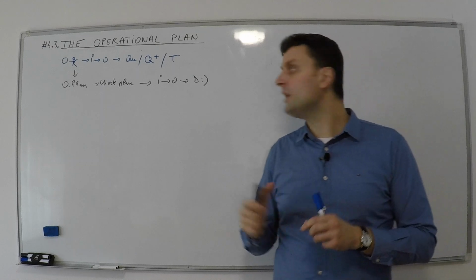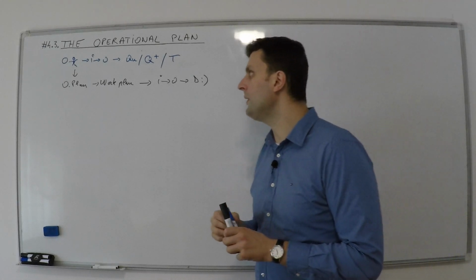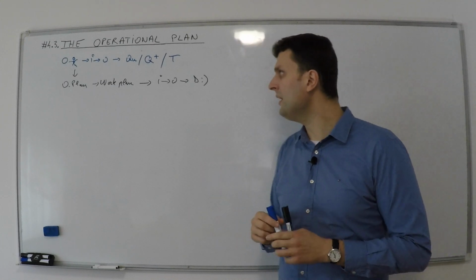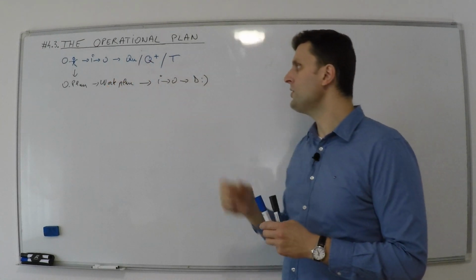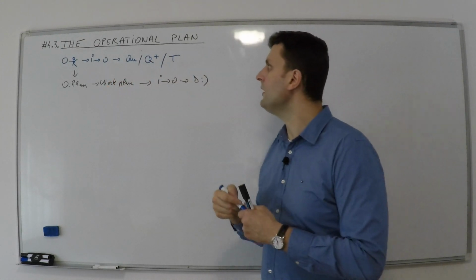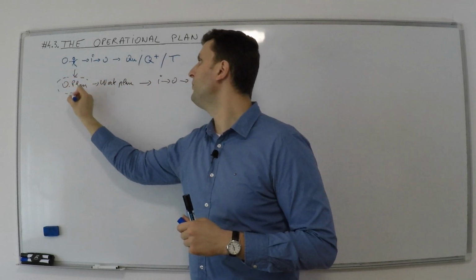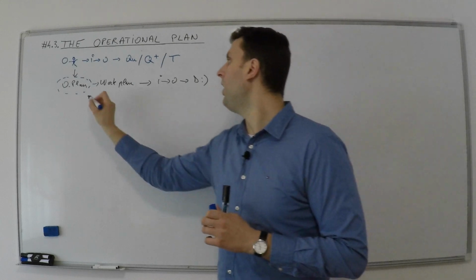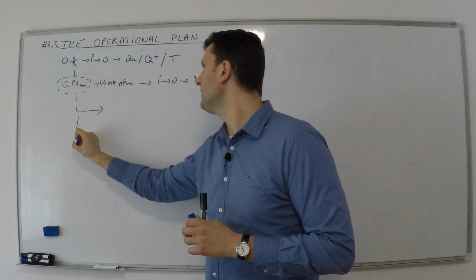Now, I know it sounds really easy, and if this were the case, everybody would know how to run an operational plan. It does look easy, but in reality, it's not. First of all, because the vast majority of operations managers forget to focus their operational plan on two key terms.